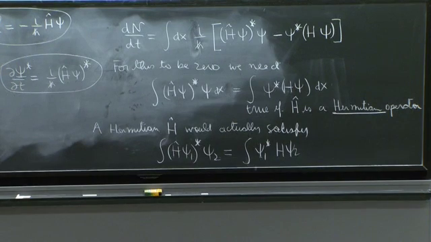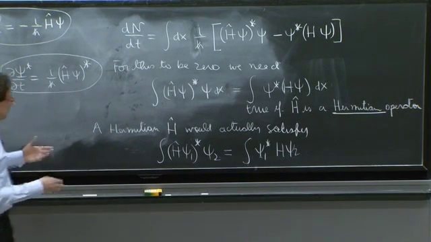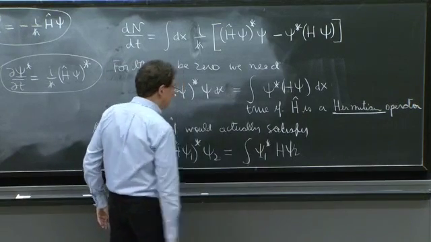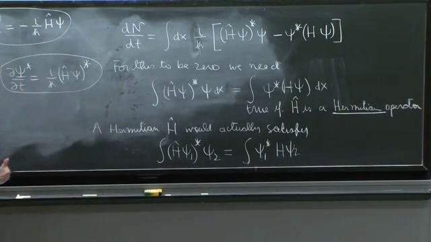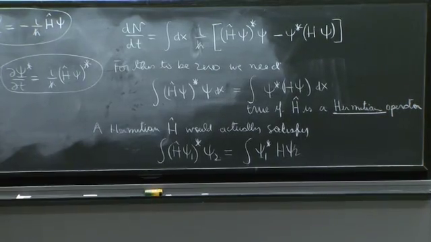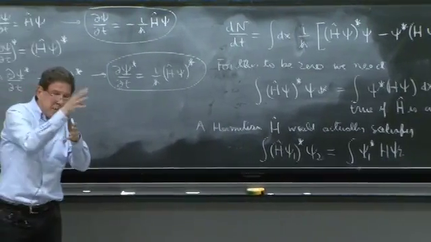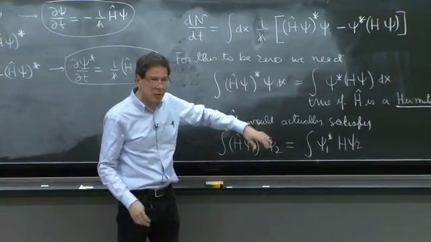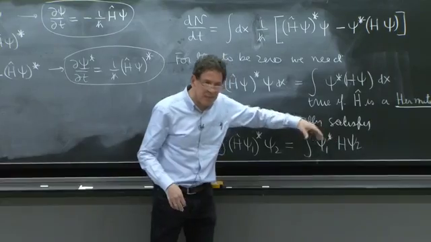Now, if you ask yourself, how do I even understand that? What allows me to move the H from one side to the other? We'll see it very soon, but it's the fact that H has second derivatives, and maybe you can integrate them by parts and move the derivatives from the psi 1 to the psi 2 and do all kinds of things.